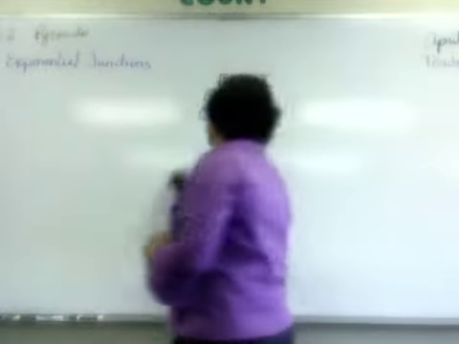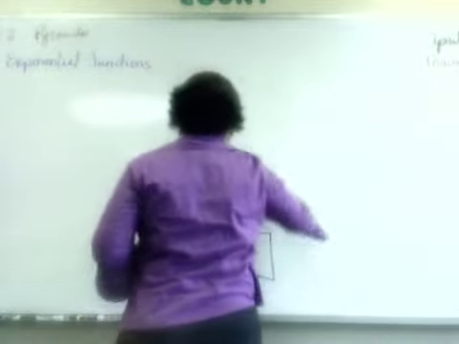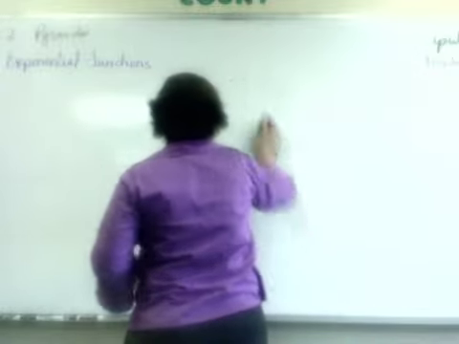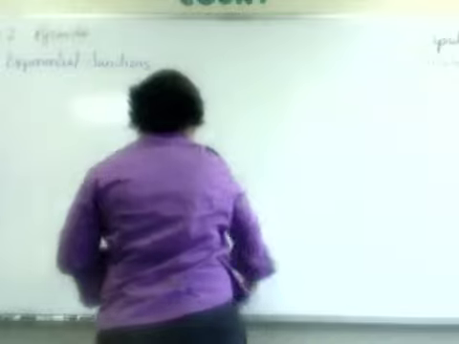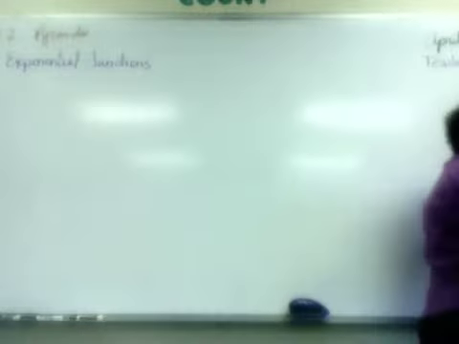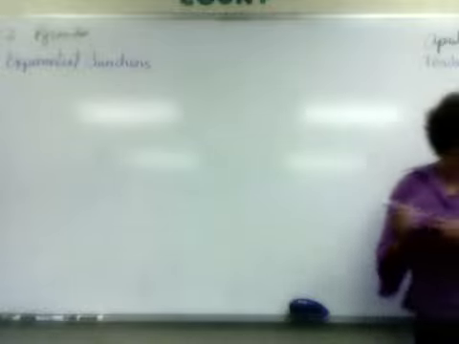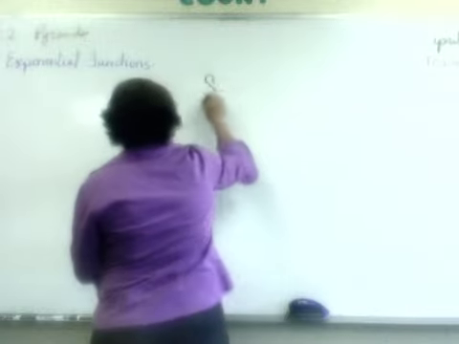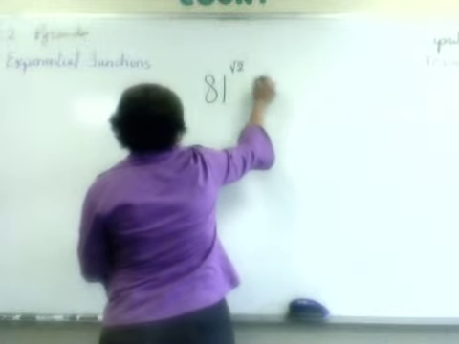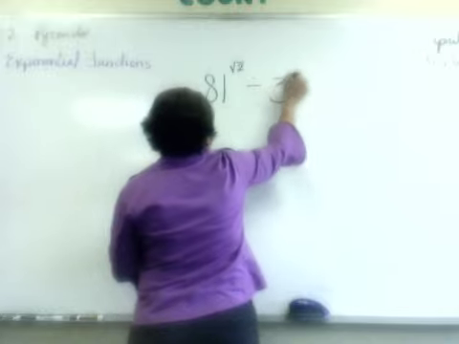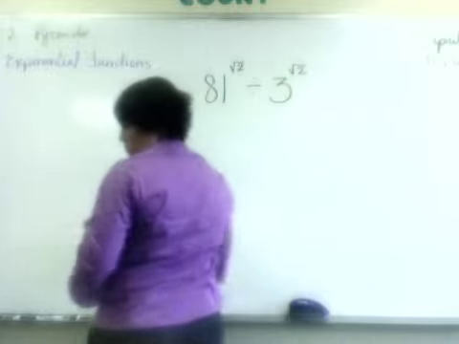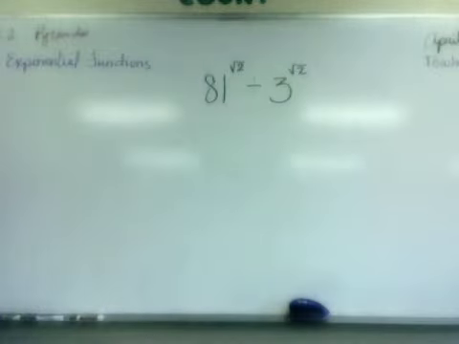All right. Now watch what happens here. We're going to figure out and simplify this expression: 81 to the square root of 2 divided by 3 to the square root of 2. Now there are things we need to think about.